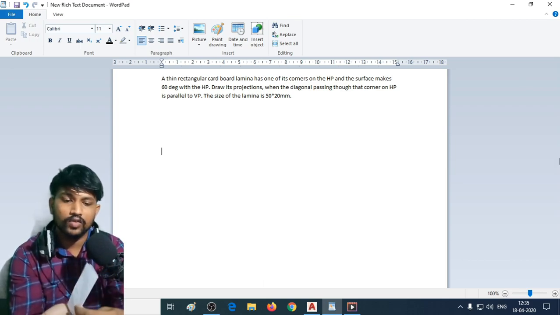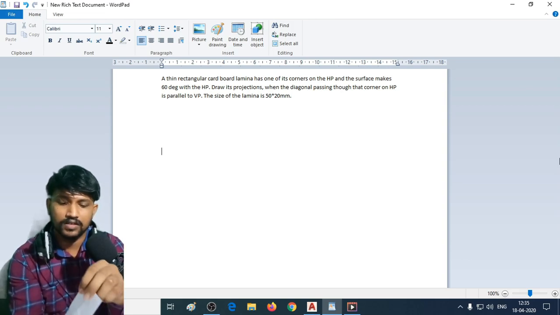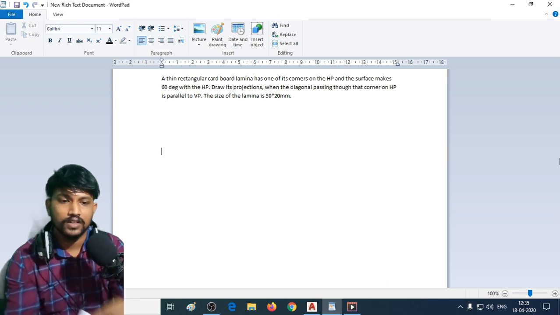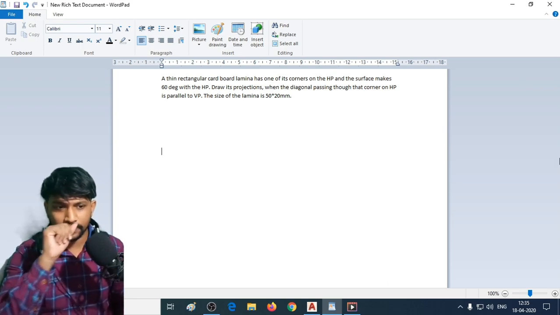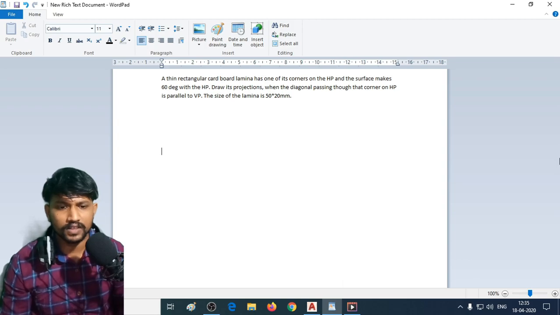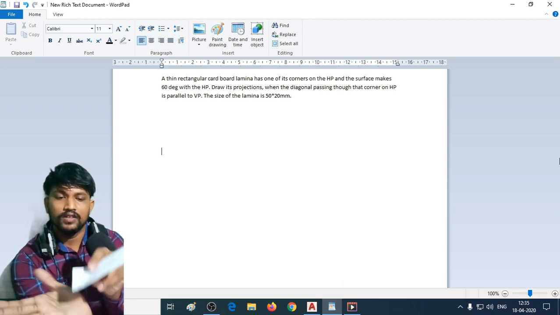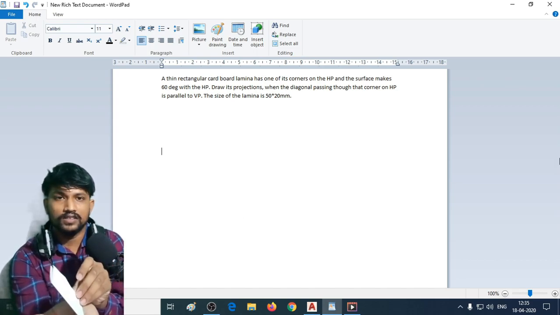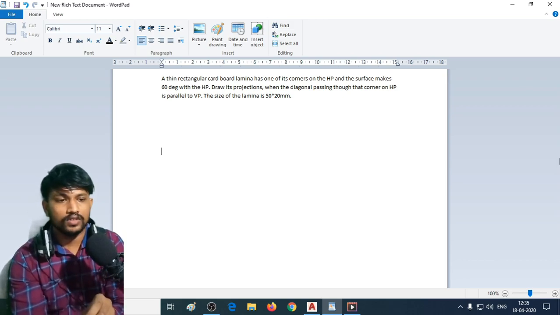It could be anywhere in this three-dimensional space, keeping this corner, but we were given another condition. The surface makes 60 degrees with the horizontal plane. So either this has to be like this or this has to be like this. And one more condition was also given to us.